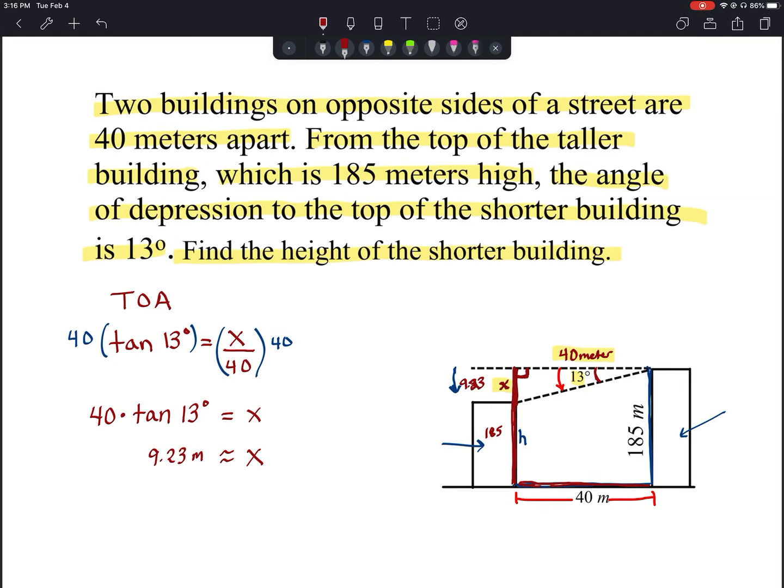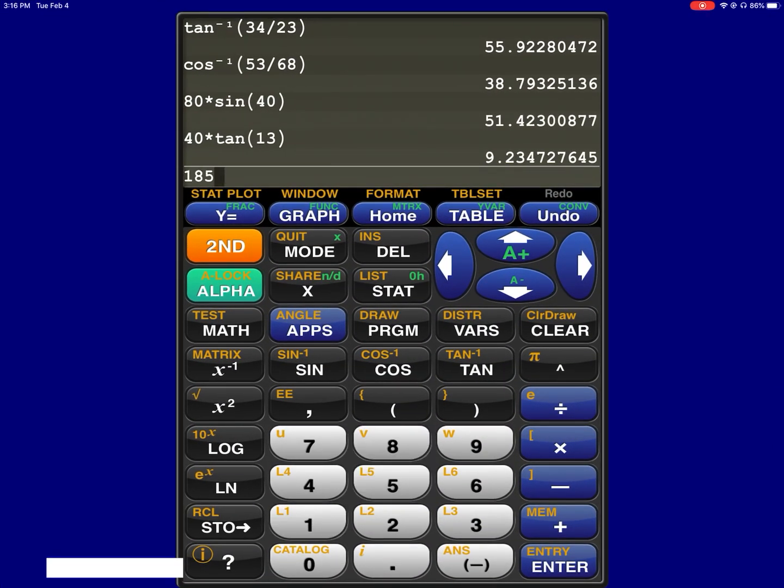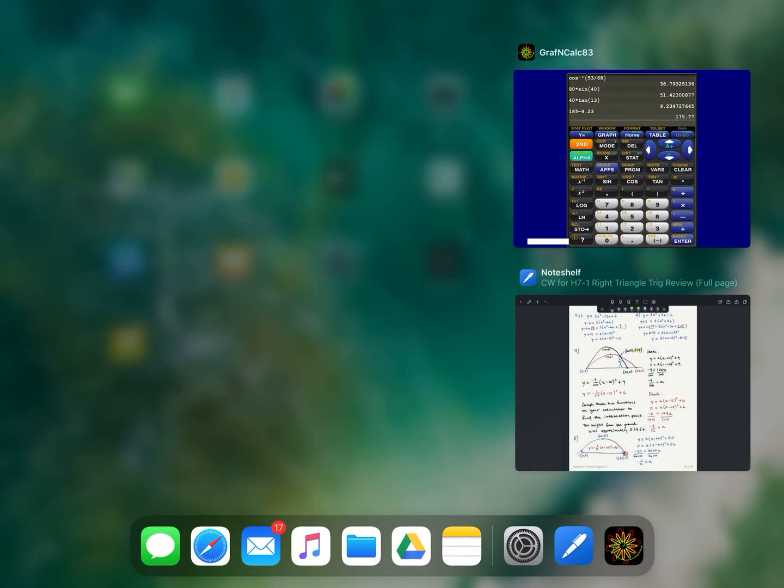So if I want to figure out how tall the short one is, we can take the 185 that we had and subtract the 9.23 meters from it. Let's use a calculator to make sure we're accurate. 185 minus 9.23 is going to give us 175.77.